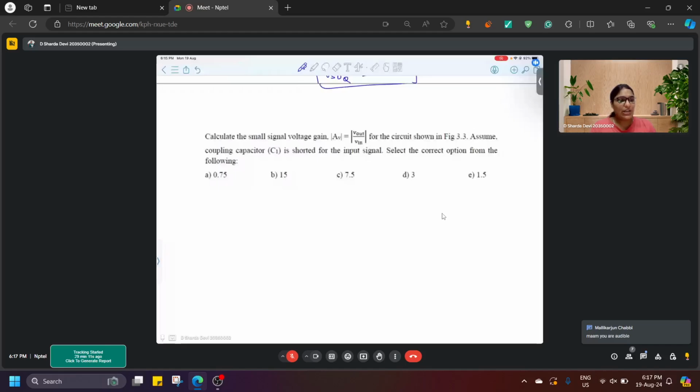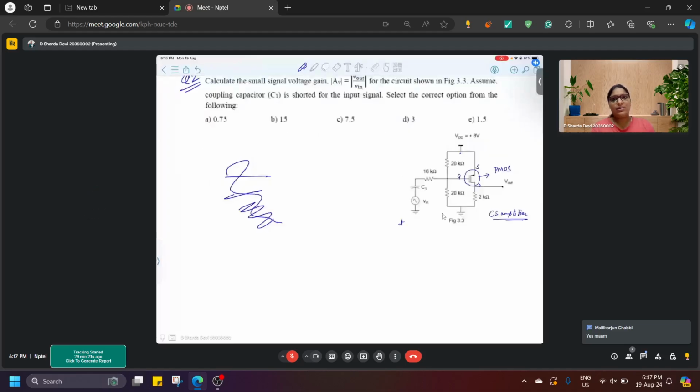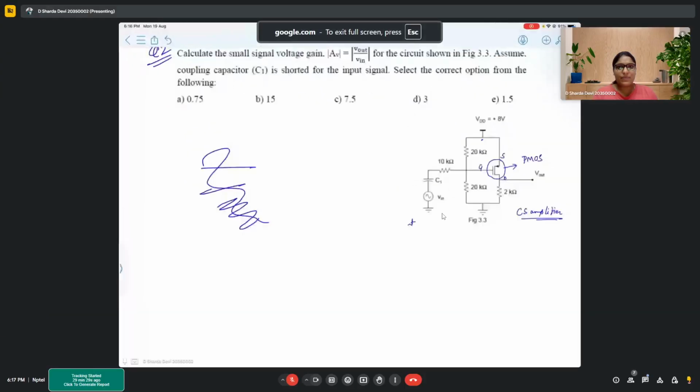Are you able to see what I'm writing? Okay, yeah, there is some lag because of which I could not see anything on my screen. But anyways, I guess there is again some network issue.